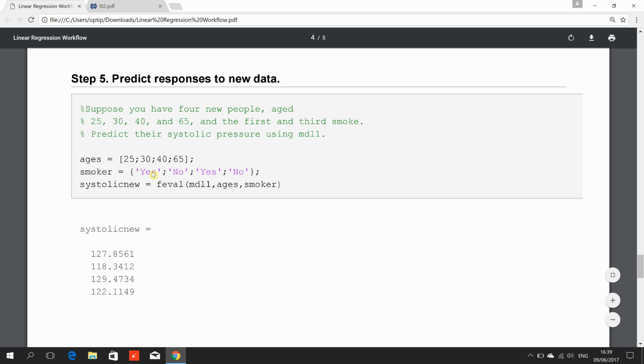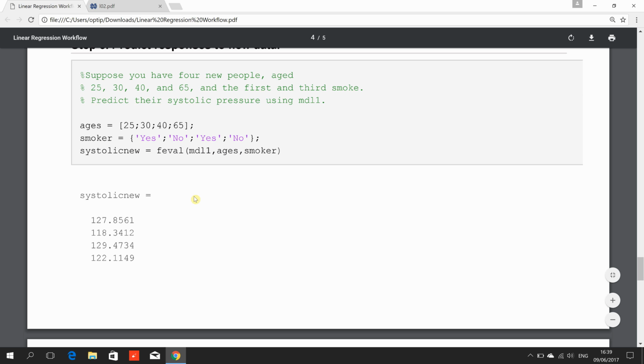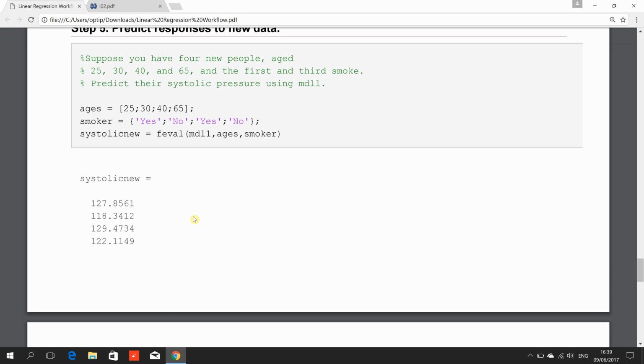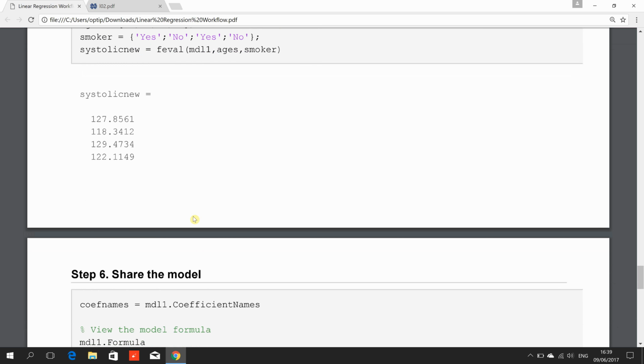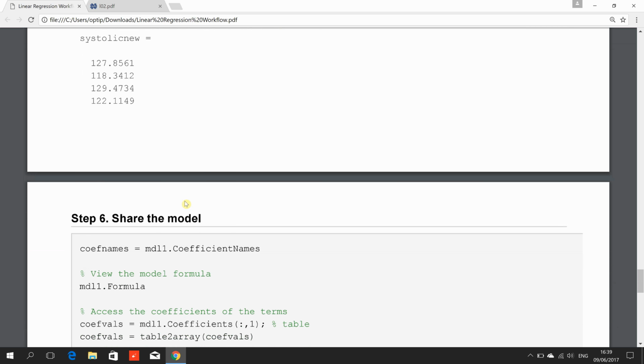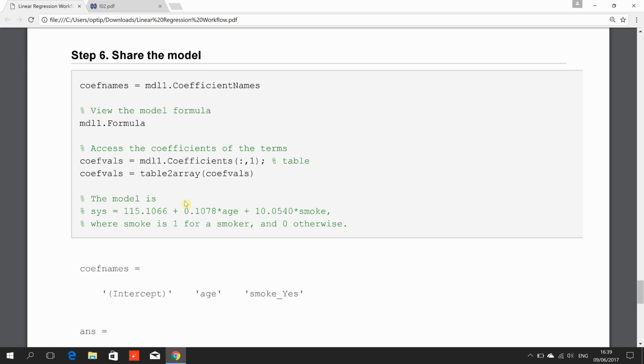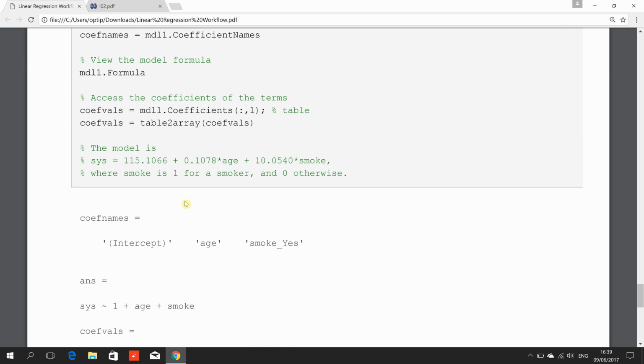So we bang in these values here, feval, function evaluate the model, which we've described, with their ages and their smoking, and there's the most likely outcome of the systolic blood pressure. And then we can just share it there, or we can print it and just let you see the answer there.